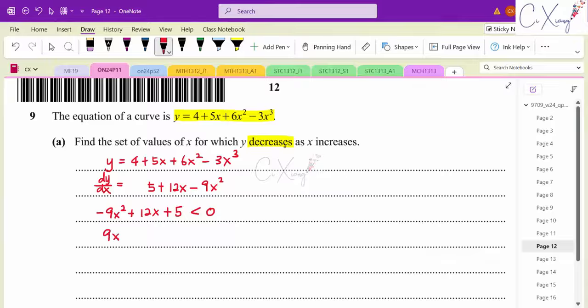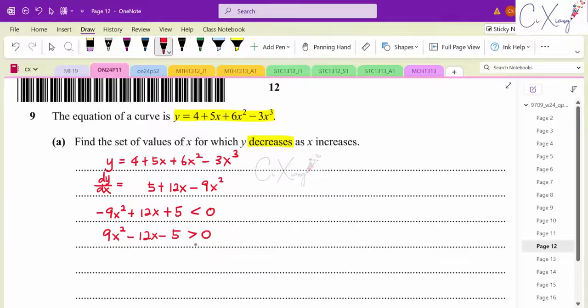Therefore, I make it positive 9x squared minus 12x minus 5, and because we multiply the whole inequality by a negative, we have to change the sign. Originally we are interested in dy/dx smaller than 0, but now it becomes greater than 0, because I changed negative 9x squared to positive 9x squared by multiplying the whole inequality by a negative sign. This is the reason why I need to change the sign here.